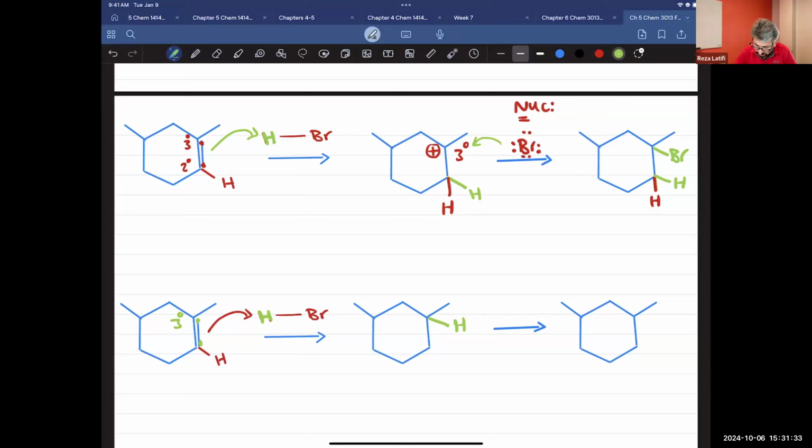So now we're going to get a positive charge. And where is the positive charge? Here. This carbon is the secondary carbon. Remember, the top one was tertiary, now it is secondary. Next step, the bromide, or the nucleophile, will attack this carbon.